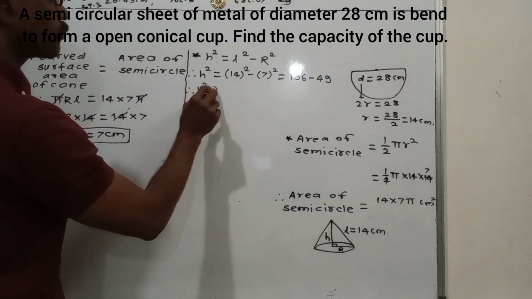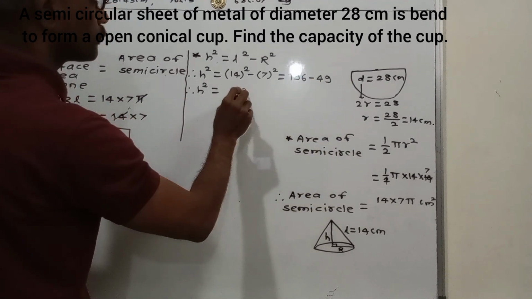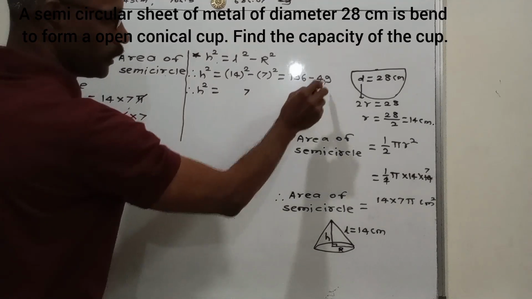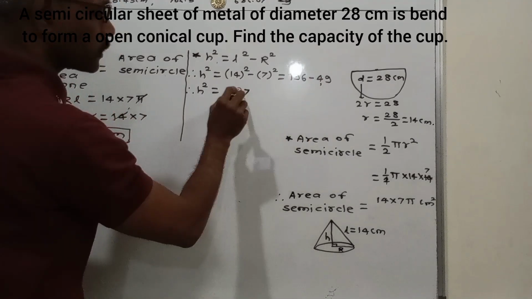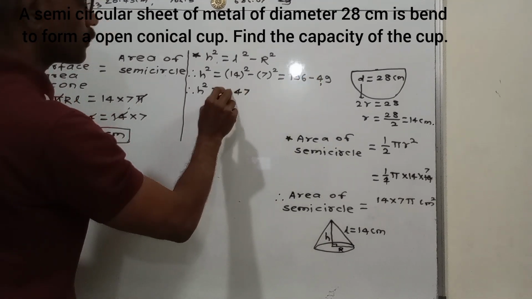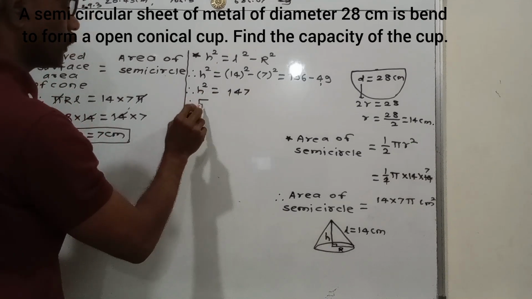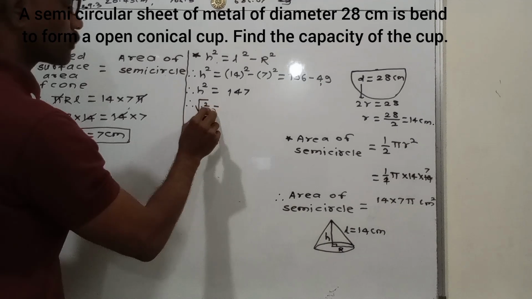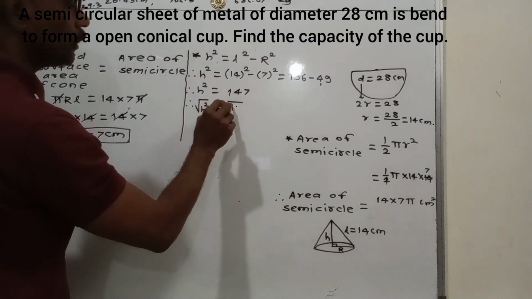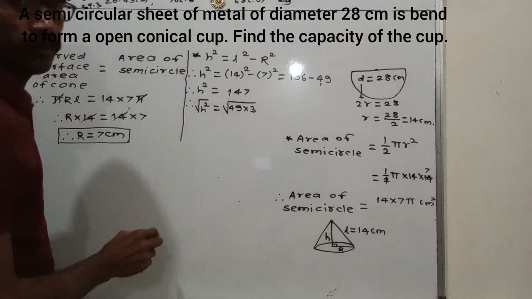Therefore h square is equal to 147. When we take square roots, square root of h square is equal to square root of 147, means 49 into 3.